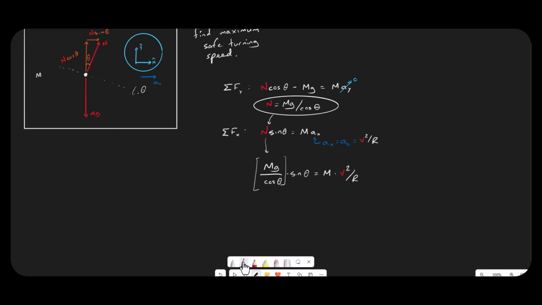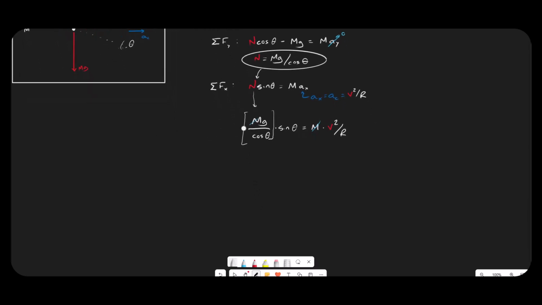I'm looking for that speed. Here's m, those can cancel, and that's great. Now my curve is going to be able to be designed the same way for a Volkswagen Beetle as it is for a semi-truck. Pretty good deal. I've got a sine over cosine, that's going to become a tangent.